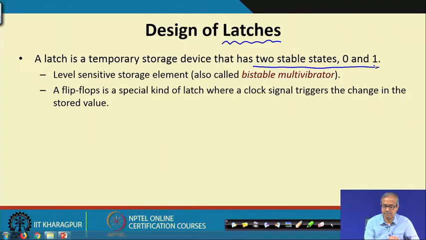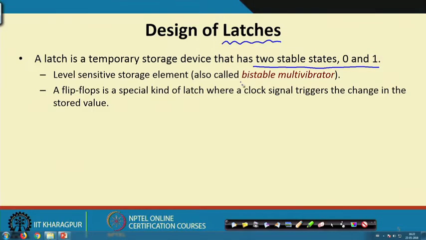Because there are two stable states and it can switch from one to the other, it is sometimes also called a bistable device, and since it switches between two states, it is also called a bistable multivibrator. It vibrates between two states, something like that. So, this is also a name which is given, bistable multivibrator.